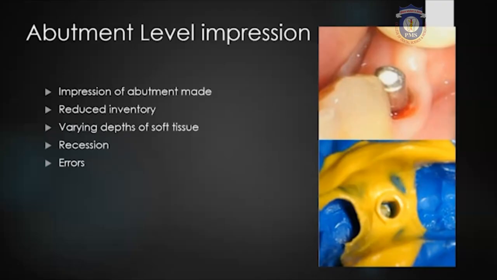The advantage of this procedure is that it is very easy to perform, as most of us are used to taking these kinds of impressions. You do not need any additional inventory. But on the downside, this is not an accurate procedure. As we are recording the impression of the abutment, we are only able to reproduce what's outside the gingiva.